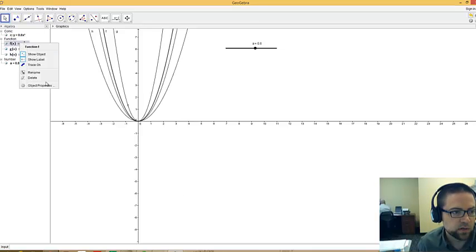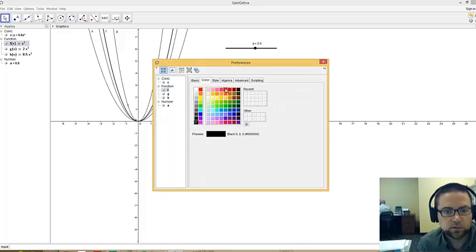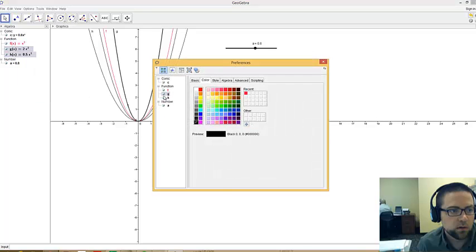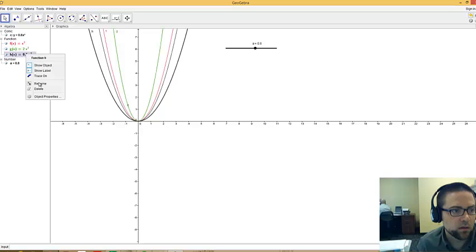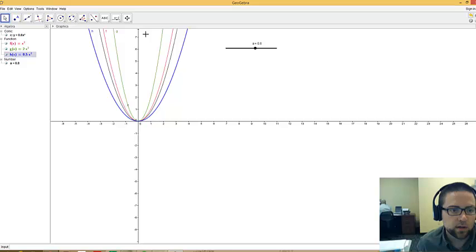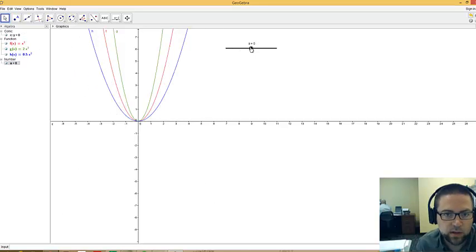I just right click on it, choose object properties, and change the color to red for the first one, green for the second one, and blue for the third one. You can see them there, and I'll just make my a go down to 0. So you can see the difference between them: f is the x squared, g is the 2x squared, and h is the 0.5x squared.